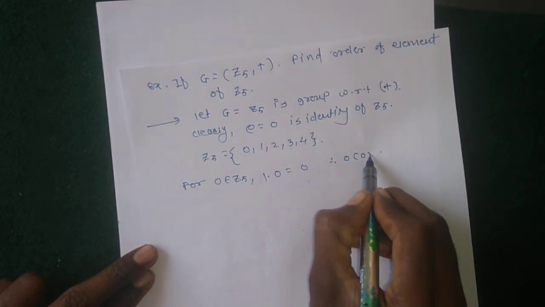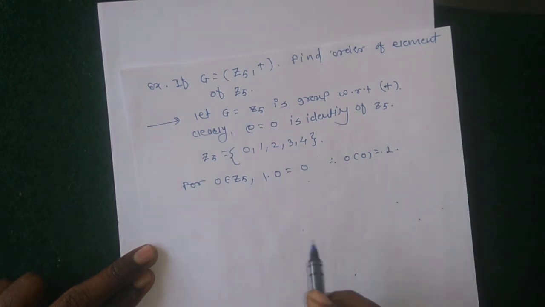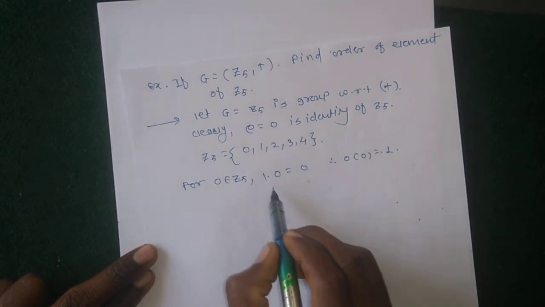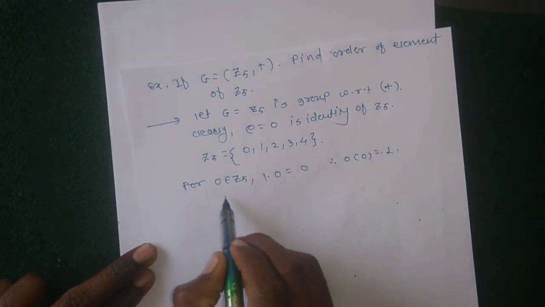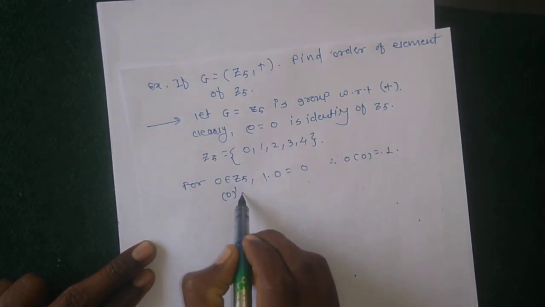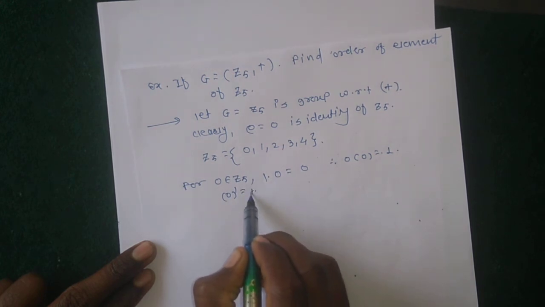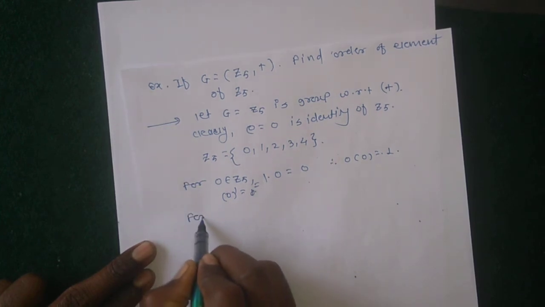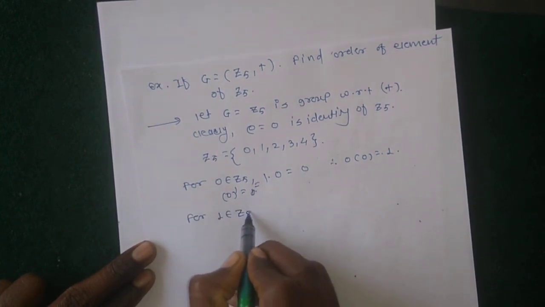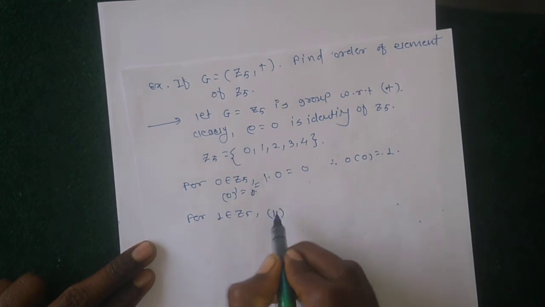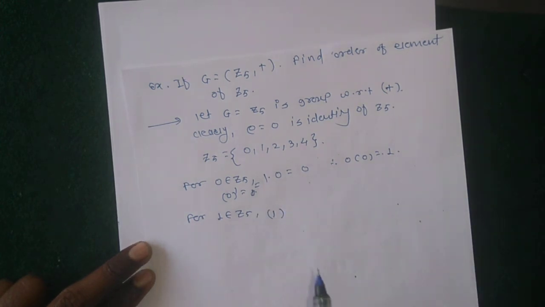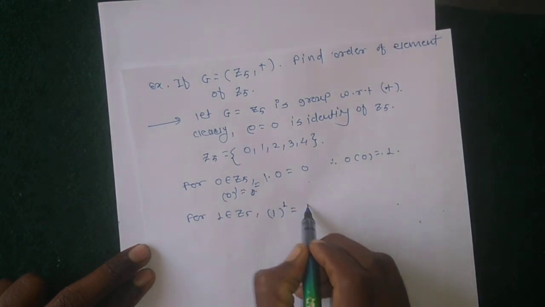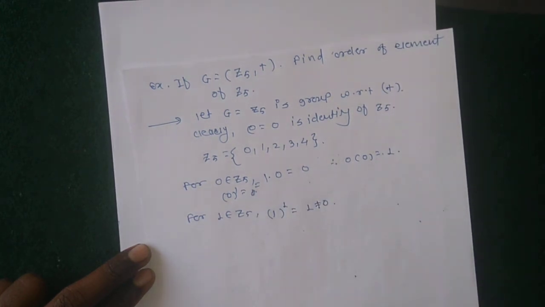Therefore the order of 0 is 1, because we are finding the n such that n into a equals the identity, with n a positive integer. Here 1 into 0 equals 0. Okay, for 1 belongs to Z5, with addition as the binary operation, 1 raised to 1 equals 1, which is not equal to 0.